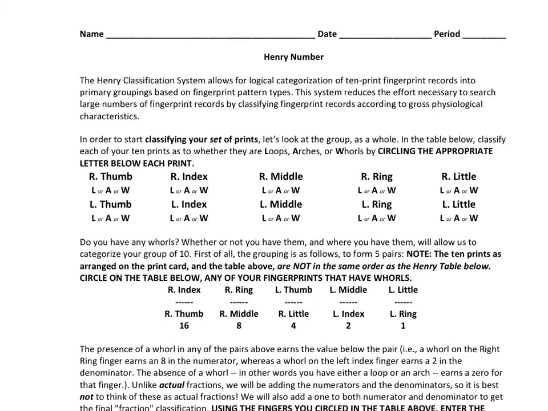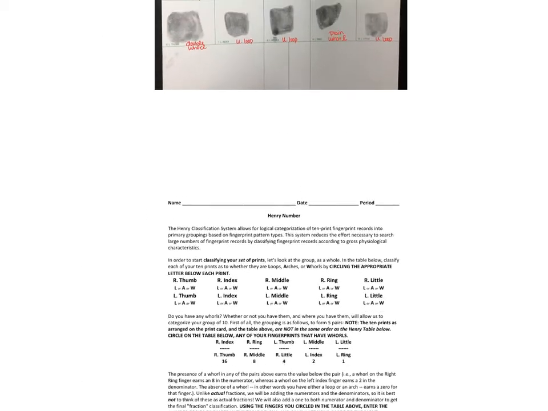If you look at the top, it says the Henry classification system allows for logical categorization of 10 print fingerprints into primary groups based upon those pattern types. It reduces the effort necessary to search large numbers of fingerprint records by classifying them into gross physiological characteristics. The first thing you want to do is go back to your 10 print card and circle whether you have a loop, an arch, or a whorl for each one.